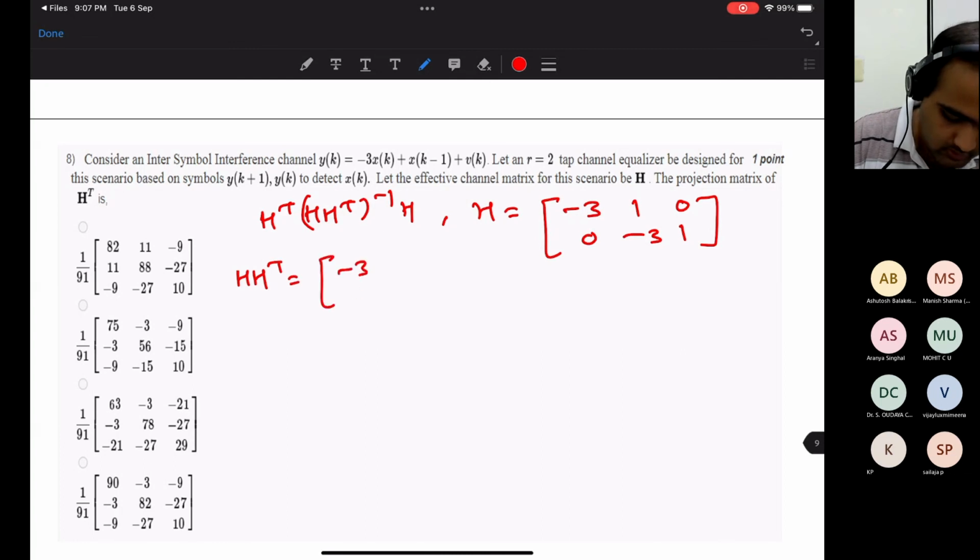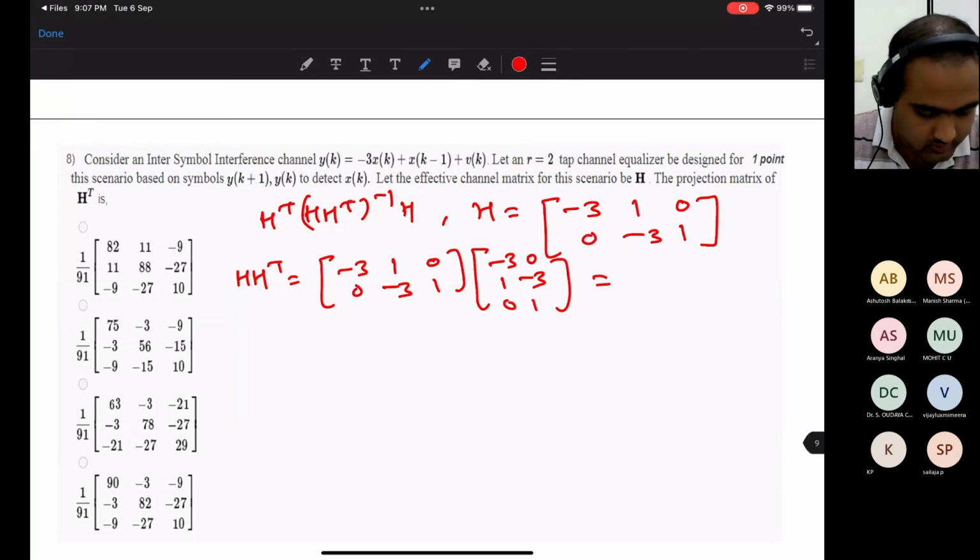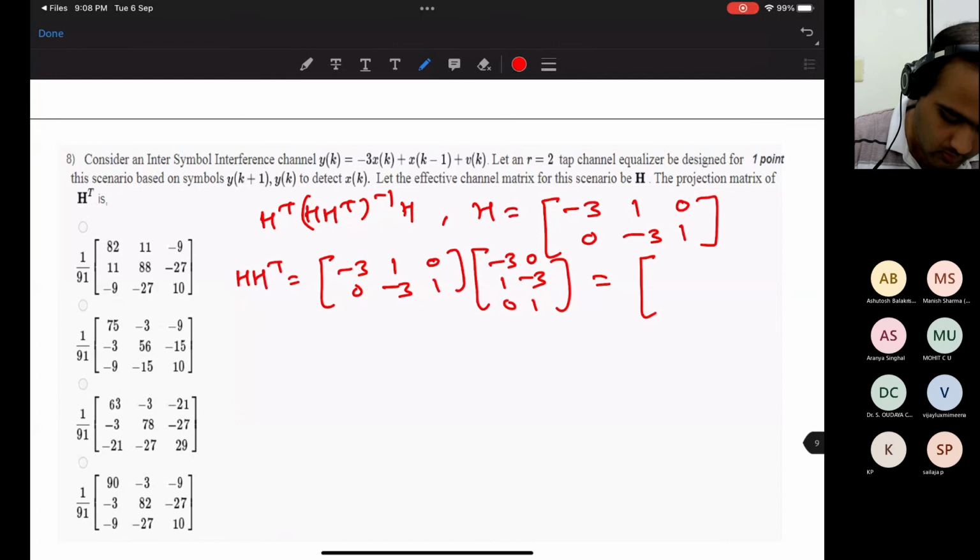So this will be -3 0 1 -3 0 1, -3 0 1 -3 0 1. And if you solve this, you will basically have 9 plus 1, and you have 0. This is -3 plus 1. No, plus 1 will be here.